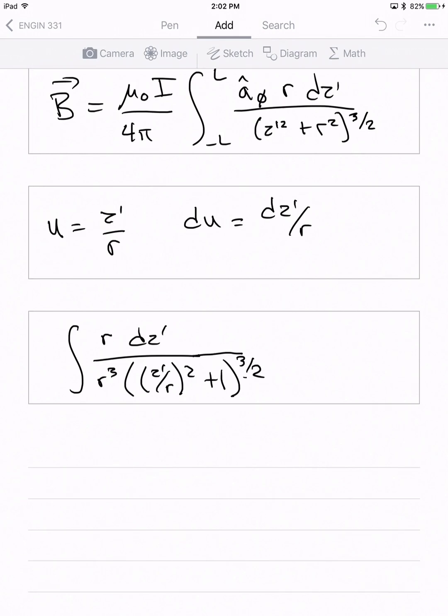And if I want to write that in terms of u, remembering that dz prime is equal to r du, then I end up with 1 over r times the integral of du over (1 plus u squared) to the 3 halves.